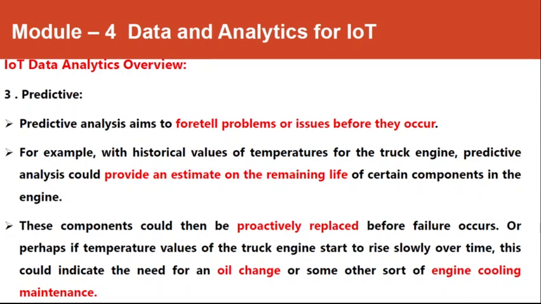This component could then be proactively replaced before failure occurs, or perhaps if temperature values of the truck engine start to rise slowly over time, this could indicate the need for an oil change or some other sort of engine cooling maintenance. So we can take action and stop some damage or failure by predictive analysis.